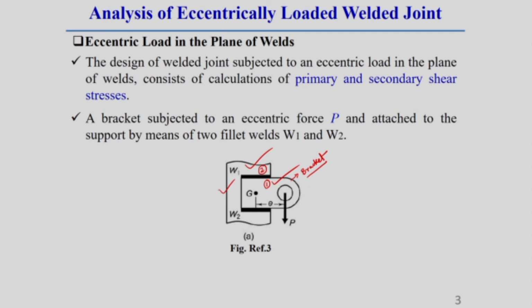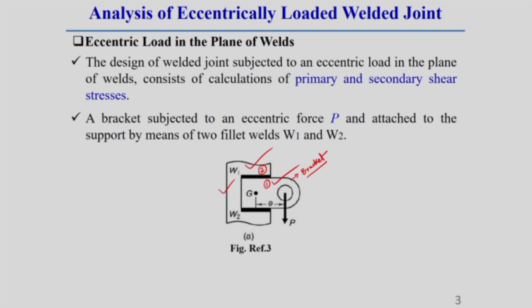For connecting this bracket over another plate, you have to do some welding operation. Here let us consider 2 welds are required to connect this bracket with this supporting plate. What should be the dimensions, or the parameters required to connect this bracket over another plate, that we are going to find out in today's lecture.